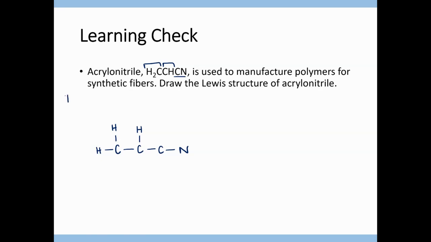Okay, so total number of valence electrons. We have 3 hydrogens, so 1 from each hydrogen. We have 3 carbons. And we have 1 nitrogen, which has 5 electrons.